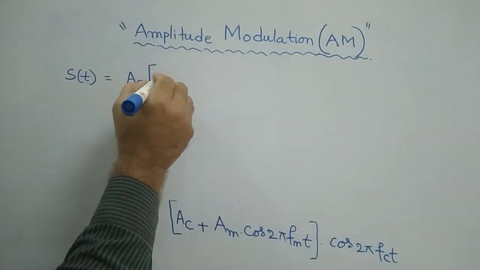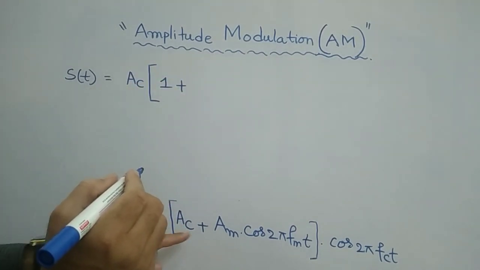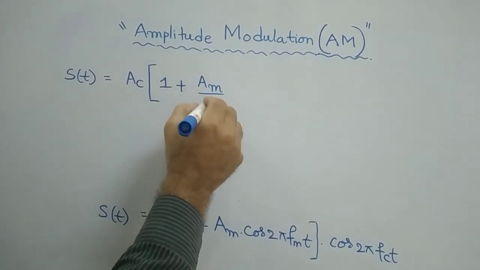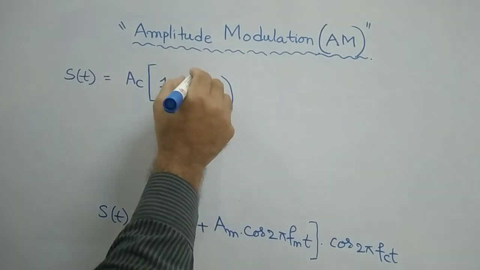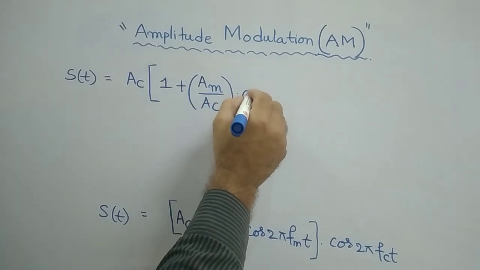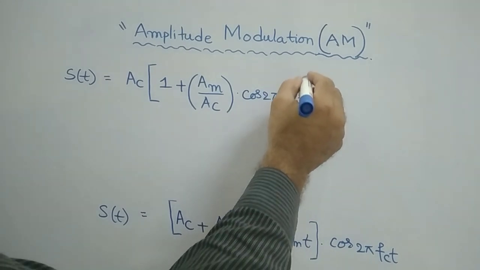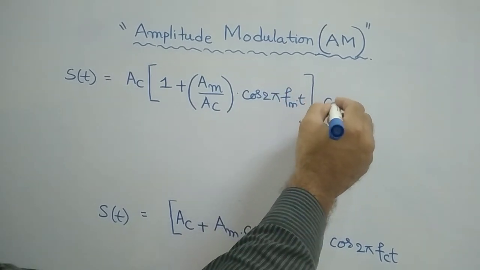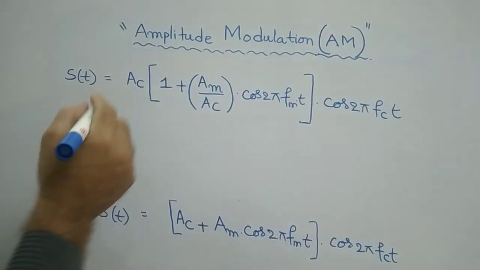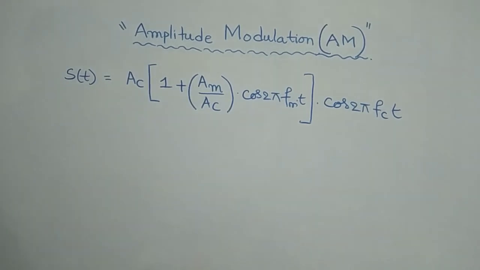Then what you will get: 1 plus, because AC is already taken out, Am by AC into cos 2 pi fm into t, whole bracket, into cos 2 pi fct. This is the simplified version.